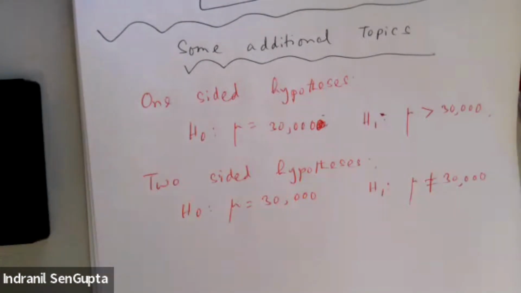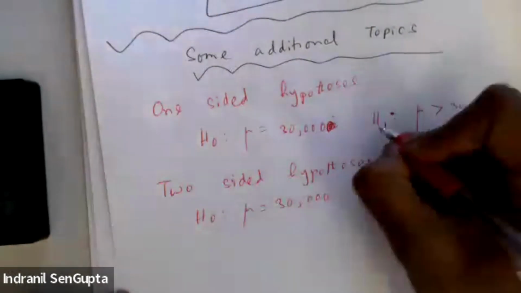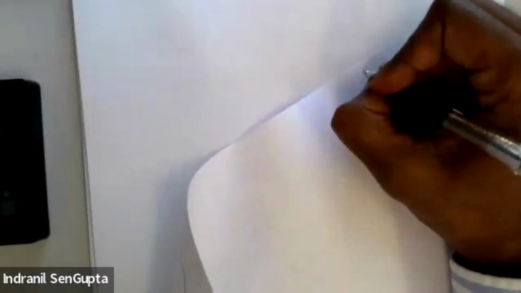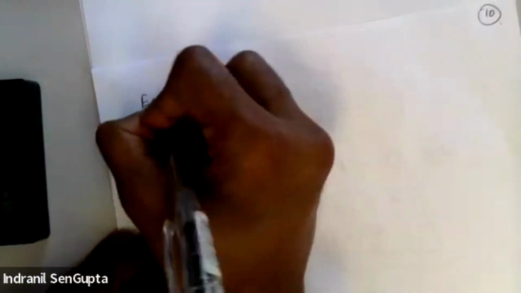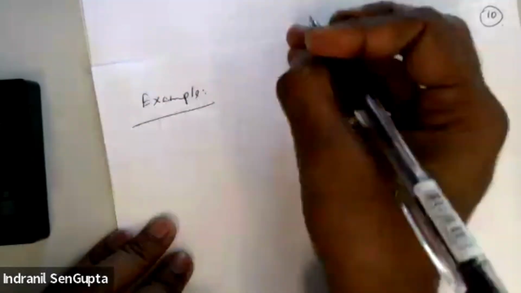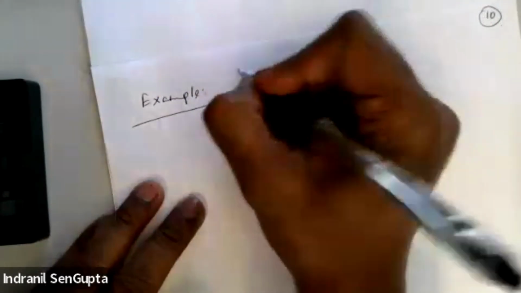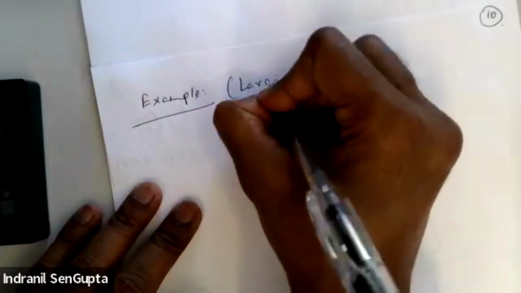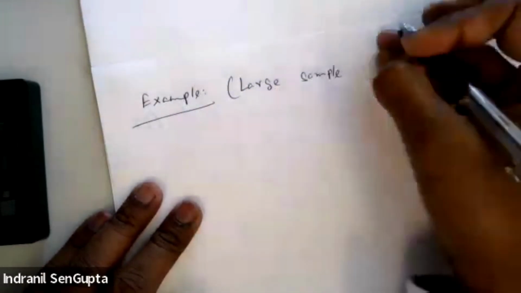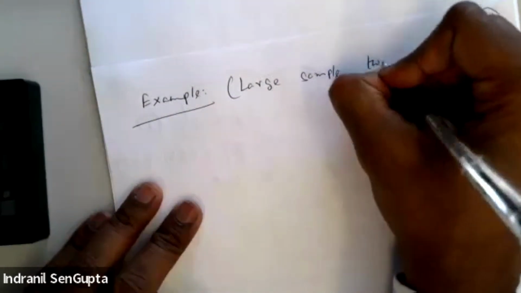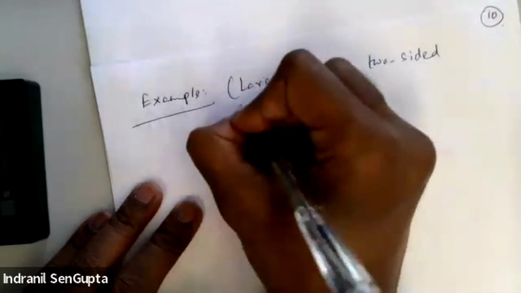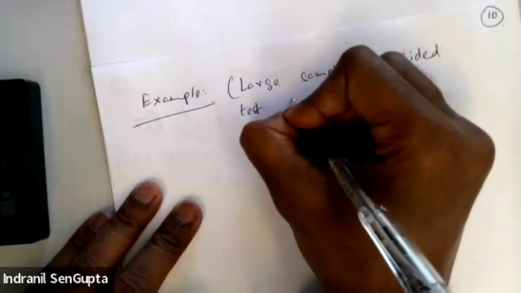Now, there are some test criteria that you need to know in this case. So let's discuss that for the two-sided case. For example, a large sample two-sided test for the mean.